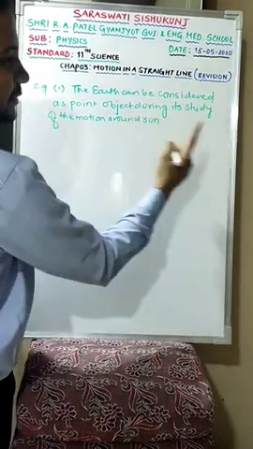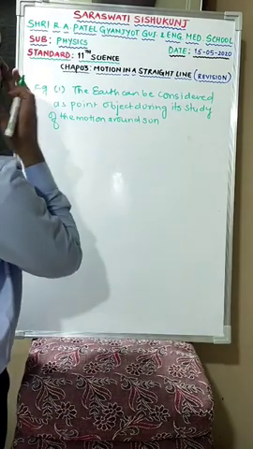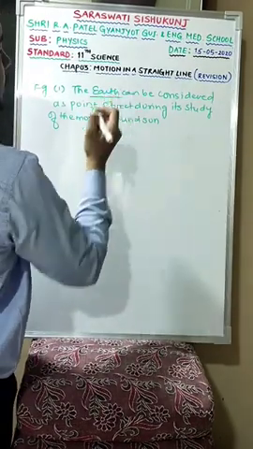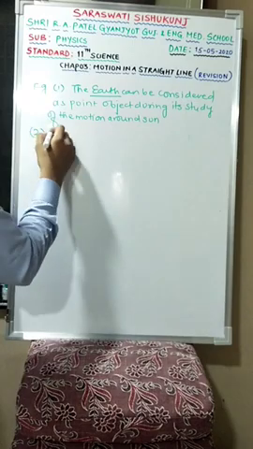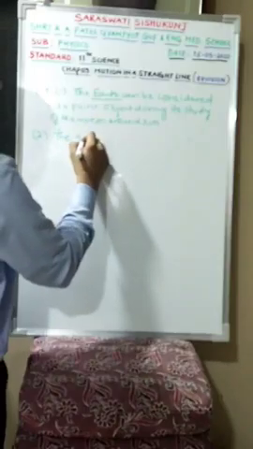Because the distance traversed by earth around the sun is more as compared to the size of the earth, then earth is considered to be what? Point object.